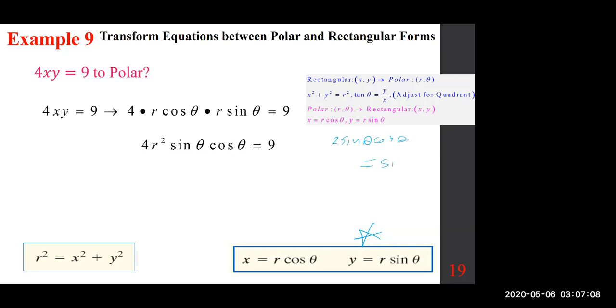Sine of 2 theta. So therefore, this 4, you can say it's 2 times that, and it becomes 2 r squared sine 2 theta over 9. Sounds good? Is everybody okay with this? Yes.